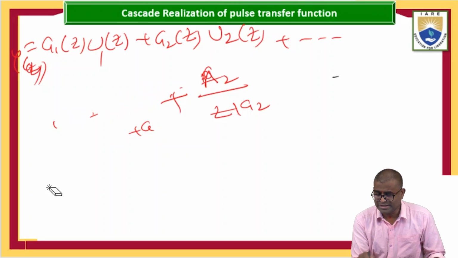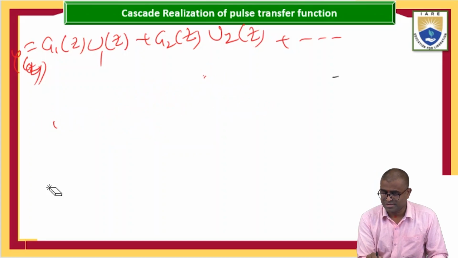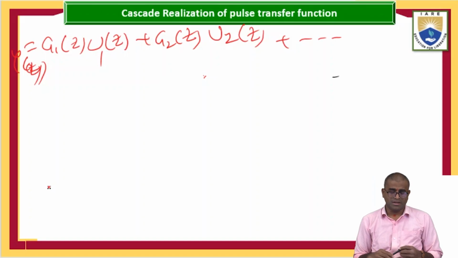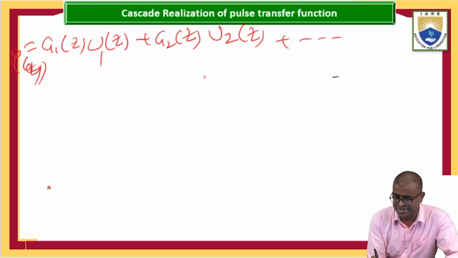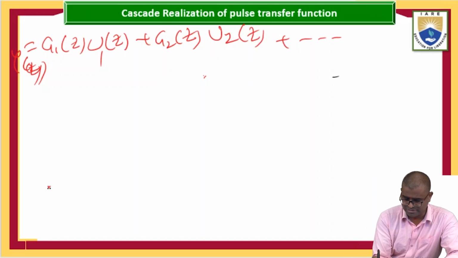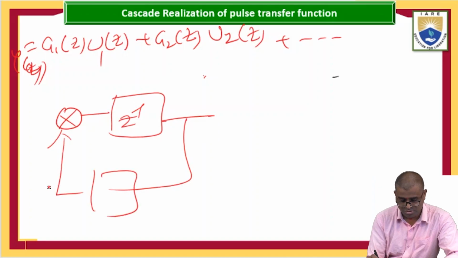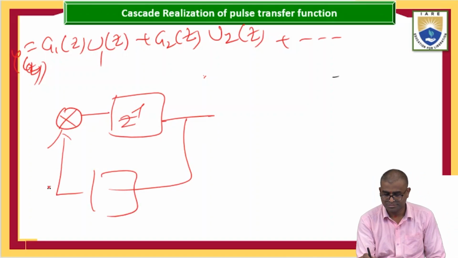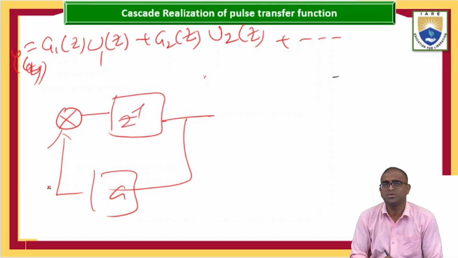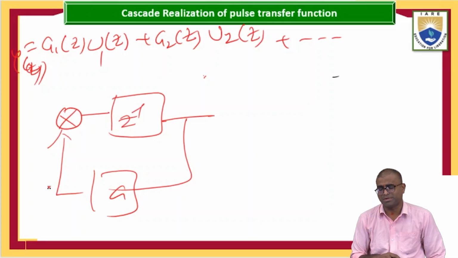Now, writing the parallel connection here. In case of that one, if you take the first one, it is coming as 1, z inverse into the feedback path into a. This is one of the feedback paths.